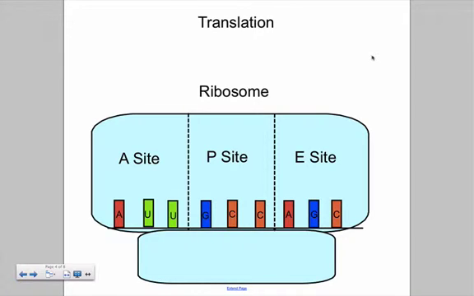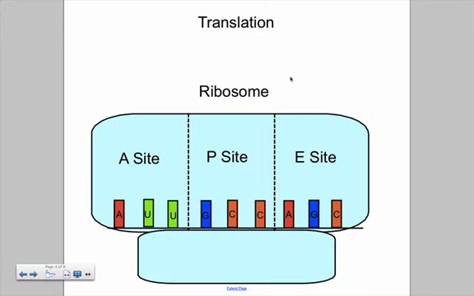This is something new, so look at it very carefully. Down here we have mRNA. During translation, mRNA is read by an organelle called a ribosome. We've talked about ribosomes before.